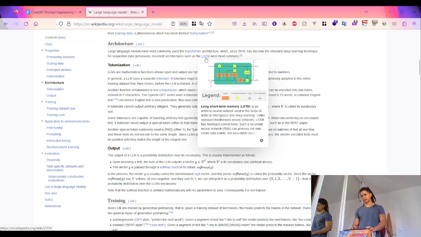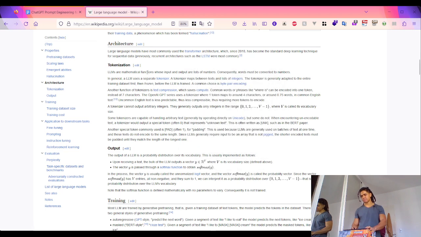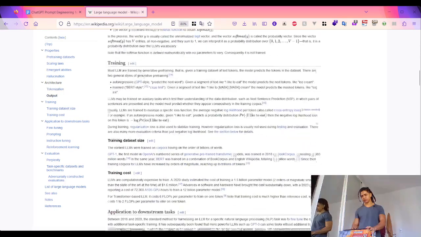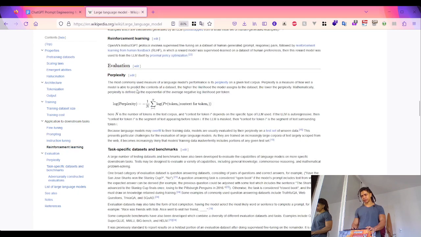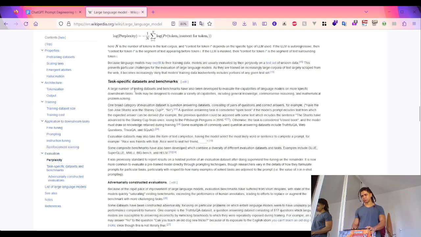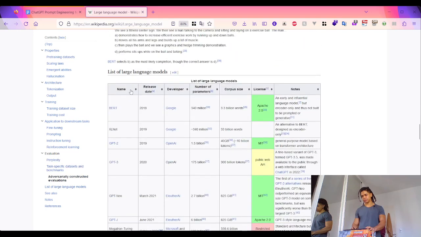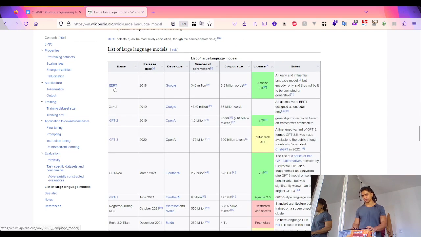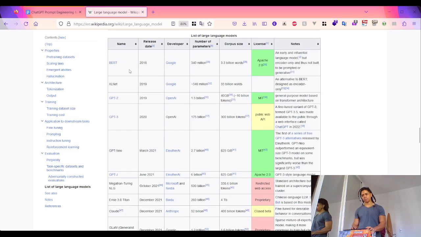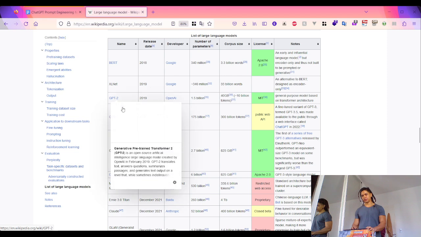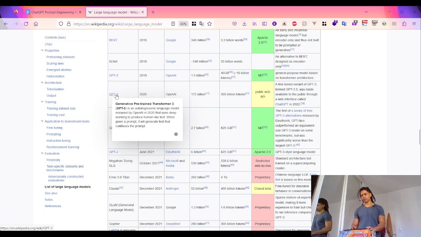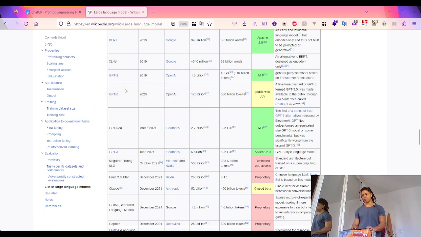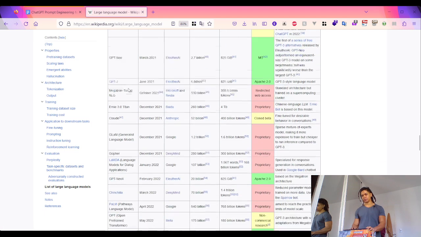Or the LSTM, long short-term memory, tokenization, training, perplexity, BERT. That's right. This is all of the large language models that we can use: BERT, GPT-2, GPT-3, Generative Pre-trained Transformer.